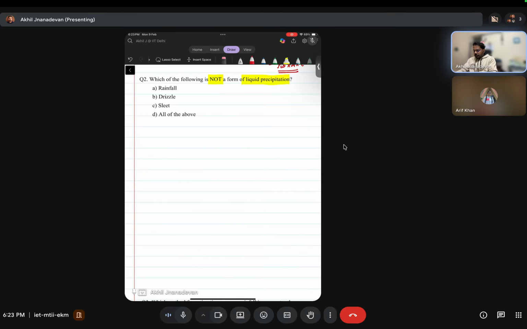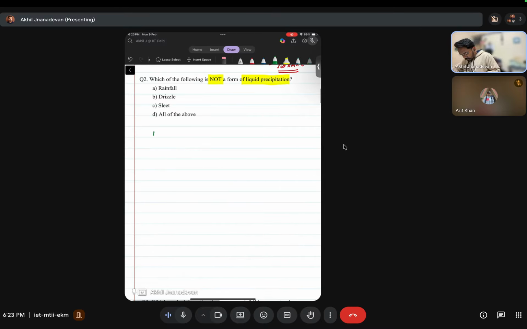Yes. So rainfall, it is obvious, right? Rainfall is a liquid form. That is very much familiar, and there is no doubt in that. But a few things you have to remember about rainfall: sometimes they may ask what is the size limit of the water drops so that we can call it rainfall.